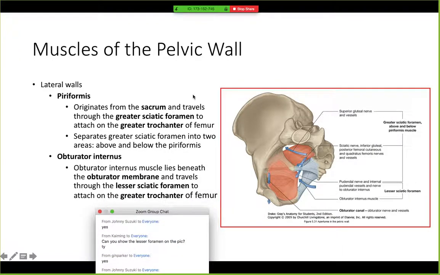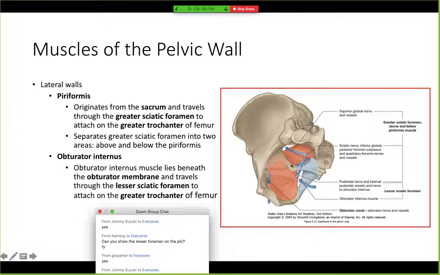So muscles of the pelvic wall. If you were confused by her arrows, I put it into words here for you. So the piriformis is going to originate from the sacrum and travel through the greater sciatic foramen to attach on the greater trochanter of the femur. And it's going to divide the greater sciatic foramen into two areas. So we have, these don't have specific names, but they're only important because of the contents that travel through.